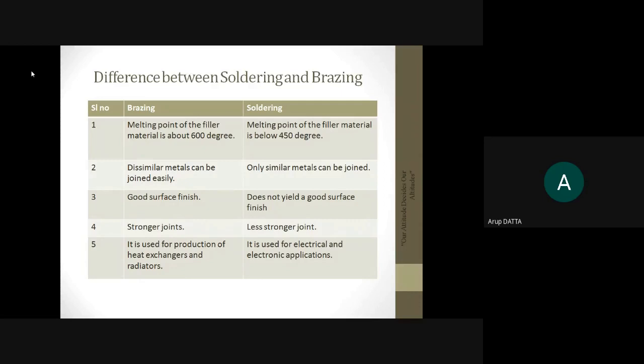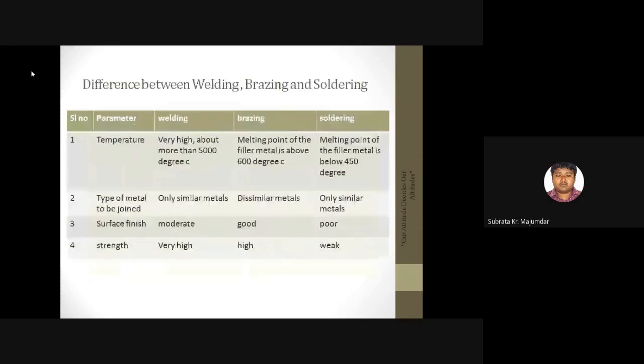Acha. Now we are covering the difference between soldering, brazing, and welding. It is very important. If we observe your last 5 years' questions, there is one difference between soldering and brazing, and another difference between welding, brazing, and soldering.